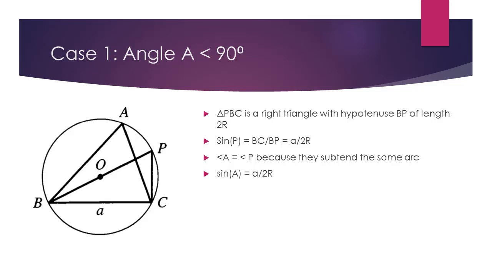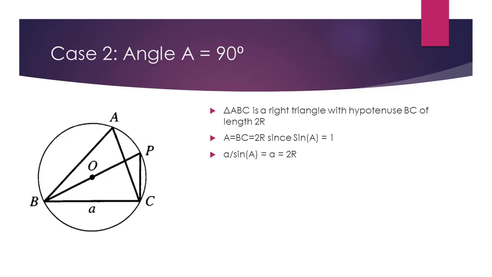Now we're going to go over the second case, for when angle A is 90 degrees. As you can see in the picture, our base BC is going to be the diameter of the circle, and therefore angle A is going to be 90 degrees. BC is now our hypotenuse, which we denote as lowercase a.